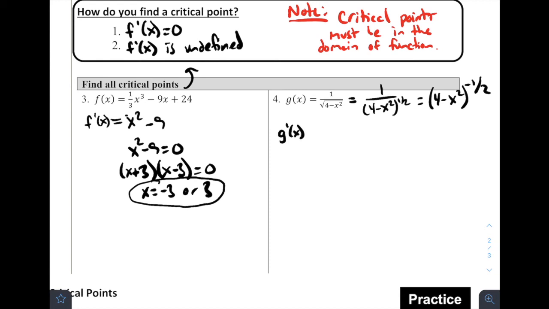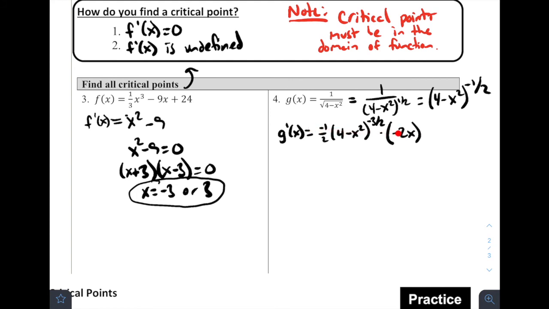G prime of x by the chain rule is going to be -1/2 times 4 minus x squared raised to the -1/2 minus 1, so that's -3/2, times the derivative of the inside of this parentheses. So the derivative of 4 minus x squared is -2x, and that's going to be our function for the derivative. If we simplify that, we have -1/2 times -2x.